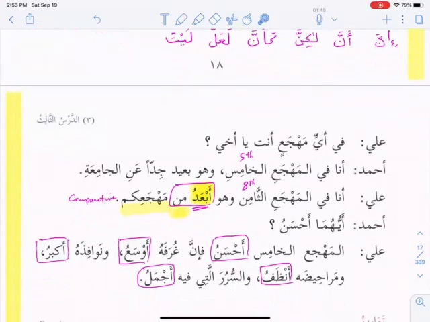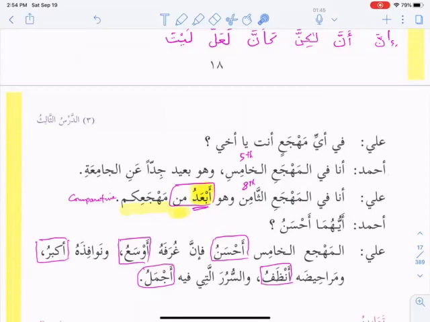Which one of the two is better? Ahsanu, better. Ali replies, no, he doesn't live in Mahjal Samini. He lives in Mahjal Khamisi, where Ahmad lives.